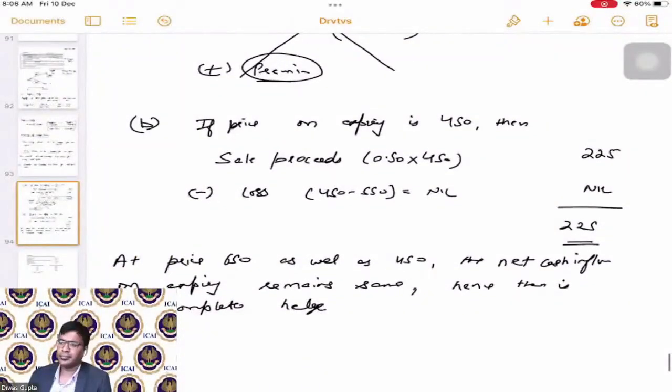So there is a complete certainty that the price is going to be 650. Hence, he is willing to do this call option underwriting.